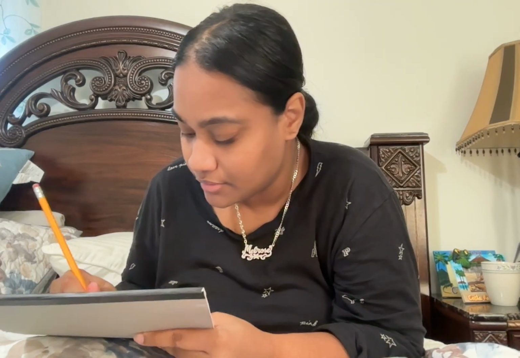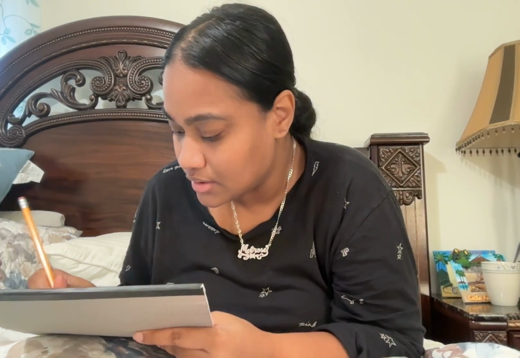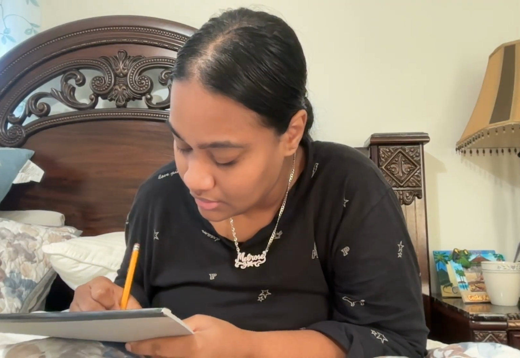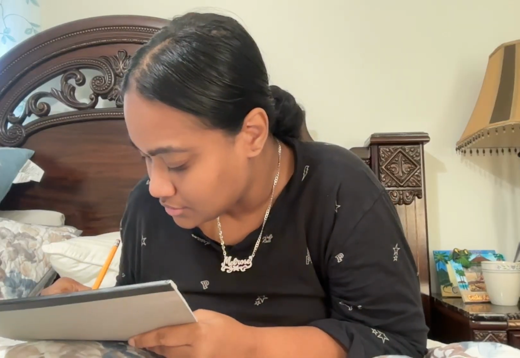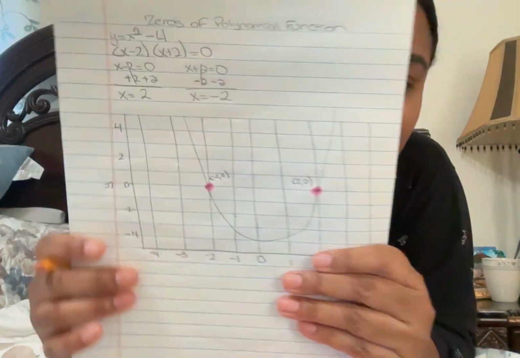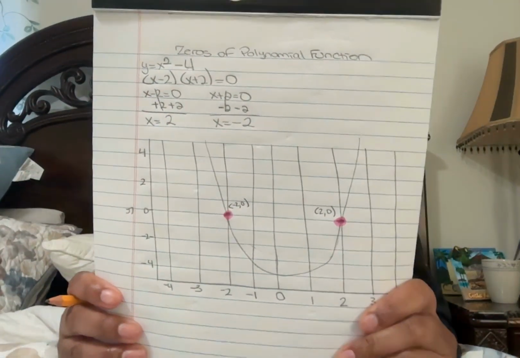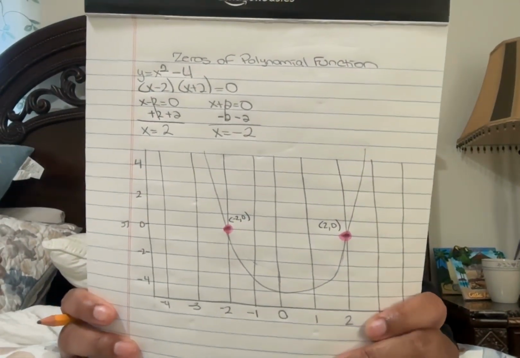Okay, so what I'm currently doing is drawing it for you. I'm going to highlight the points so that I can demonstrate it to you. And then this would be negative 2, 0, and then this would be 2, 0. So this is the graph here that I was able to draw.